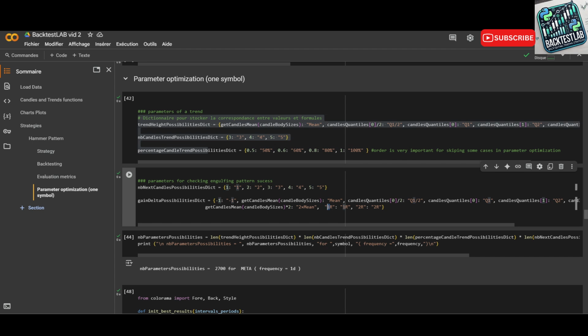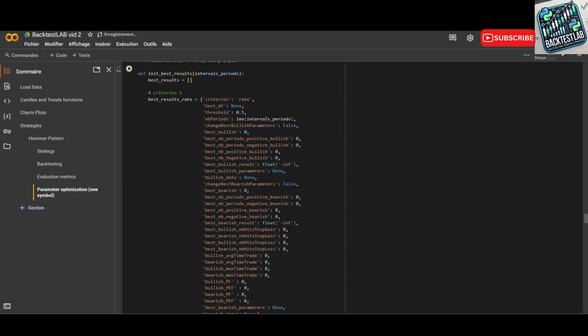If we risk $1 and we are using 2R, that means we are going to aim for $2. So the number of possibilities combining these 5 variables will be 2,700 possibilities that we need to test for each criterion, for the rate, for the profit factor, etc.